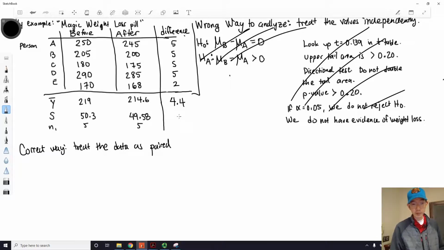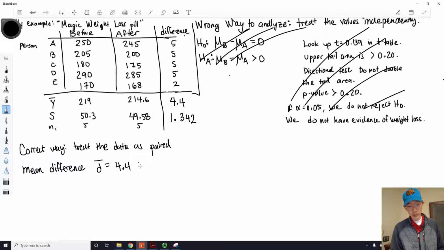4.4 and a standard deviation. If I take the standard deviation of these numbers, I get 1.342. So the mean difference, which we'll call D bar, is equal to 4.4 pounds, and the standard deviation of the difference, S sub D, is 1.342.